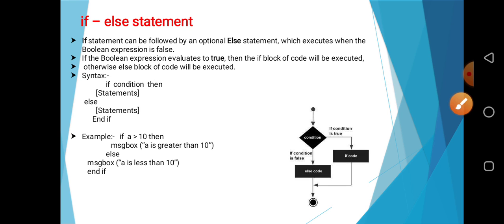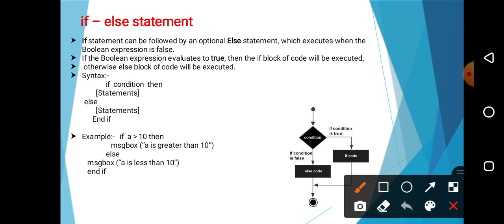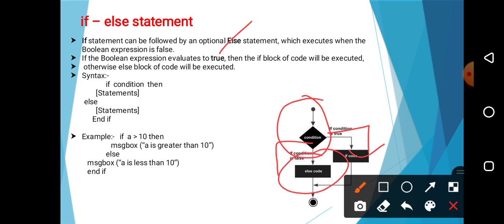At that time, use the If Else statement. The If statement is followed by an Else option, which executes when the Boolean expression is false. See, students, in the flow chart we check the condition. If the condition is true, the If part gets executed. If it is false, the false part is executed and it moves to the end of the program.